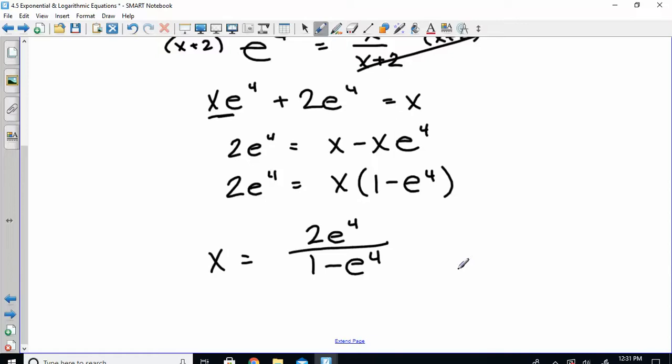We were giving decimals on these. So let's go ahead and put that in our calculator. And so we get negative 2.0373.